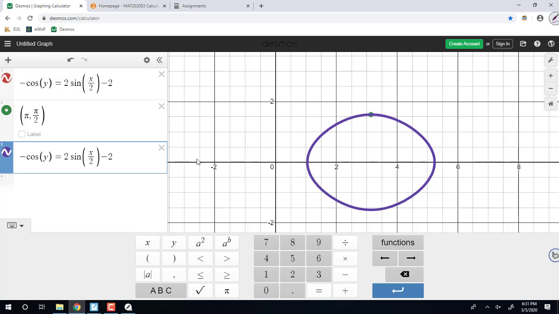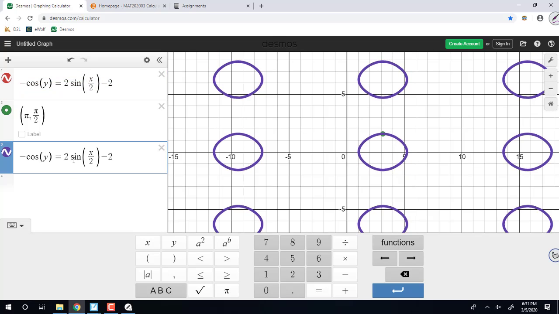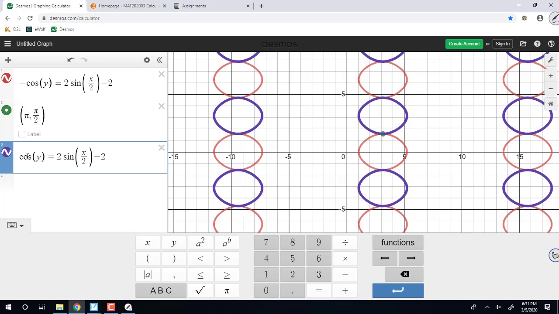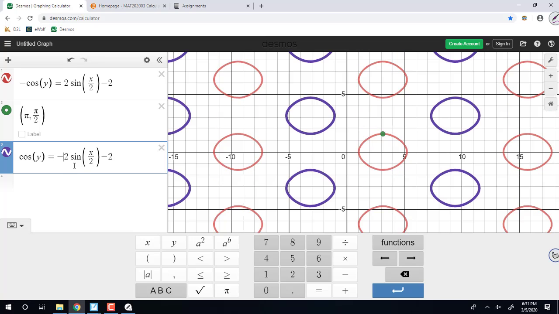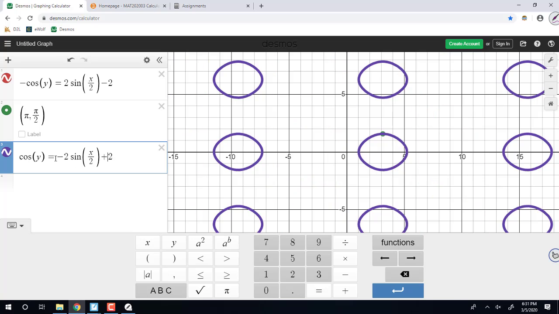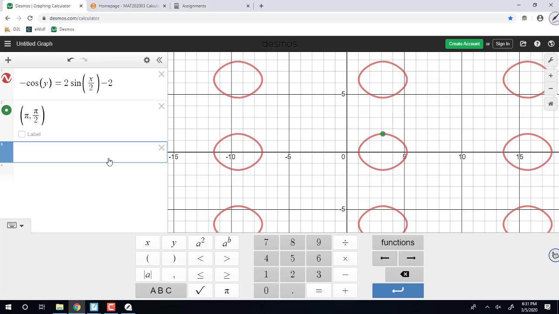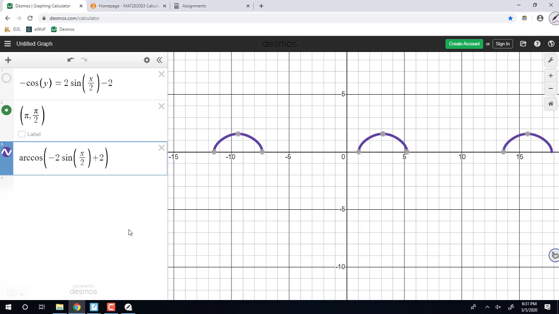We'll solve for y so we can see explicitly what we're looking at. So that's our explicit solution.